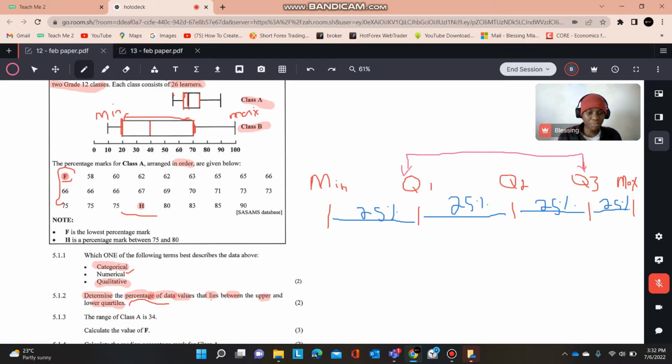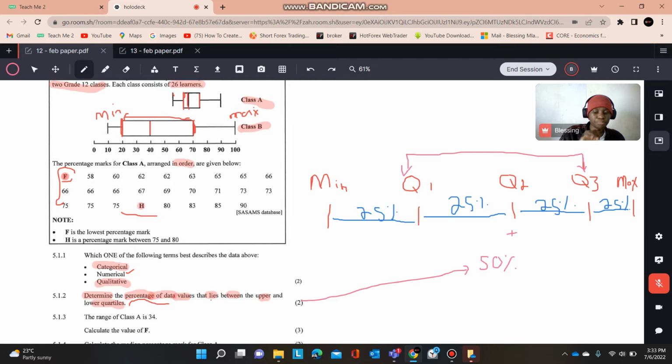And this is made of this 25 plus this 25, giving you 50%. So your answer for 5.1.2 will be 50%. The percentage of data values that lie between the upper and the lower quartile is 50%, because quartiles divide your data into sections of 25%. From minimum to quartile 1 is 25%, quartile 1 to quartile 2 is 25%, quartile 2 to quartile 3 is 25%, quartile 3 to maximum is 25%.